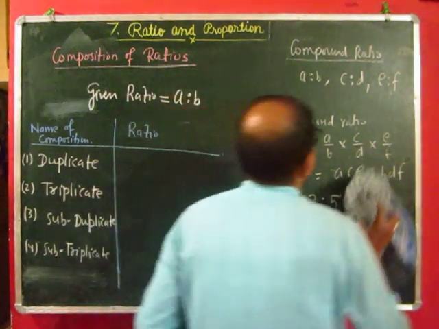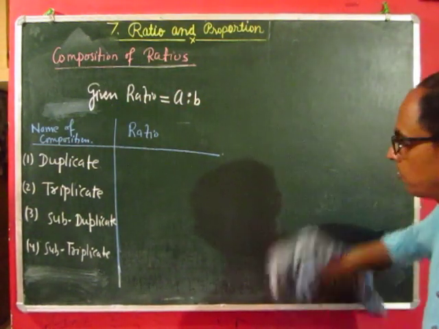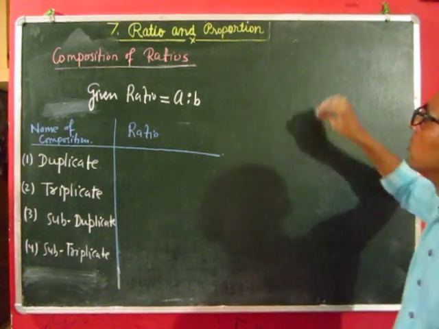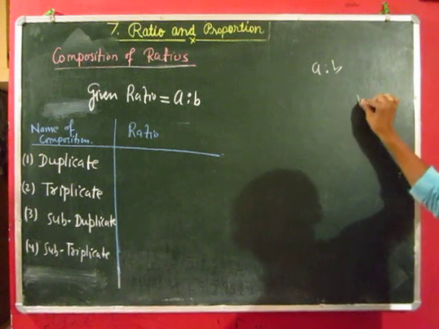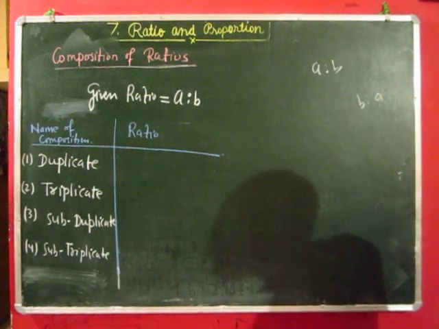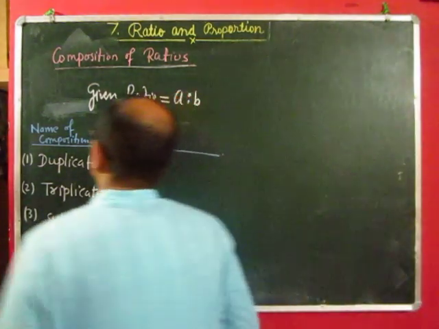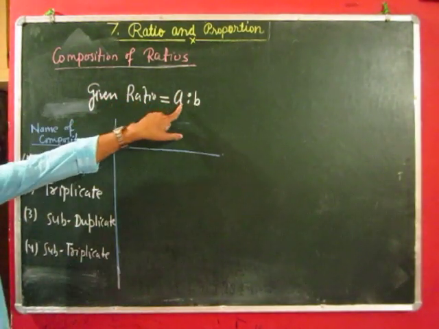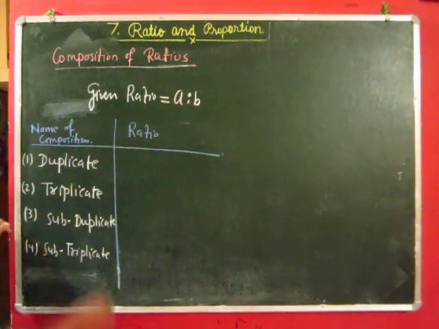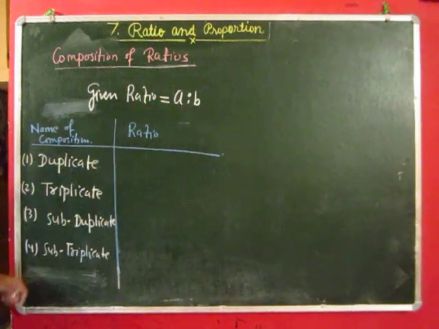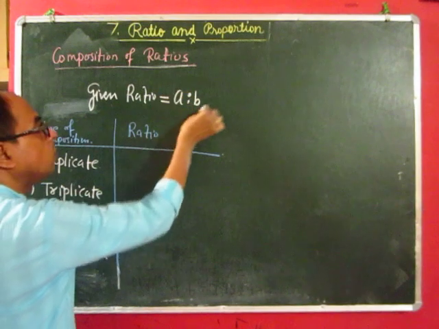Now the second, reciprocal ratio. What is the meaning of reciprocal ratio? Simply, if A is to B is one ratio, its reciprocal ratio will be B is to A. Now suppose one ratio is given, A is to B, and you have to find its duplicate ratio.